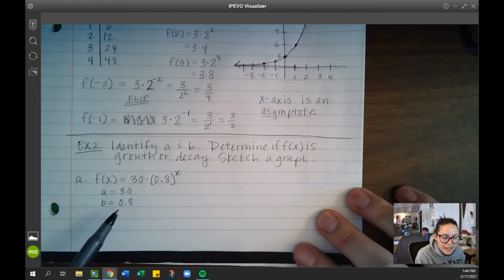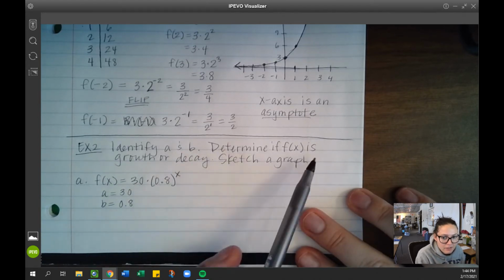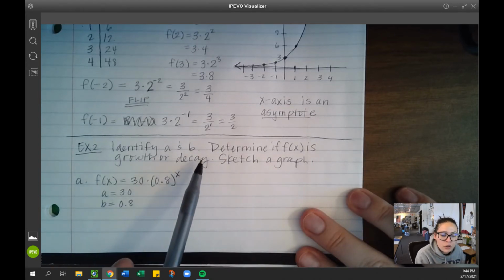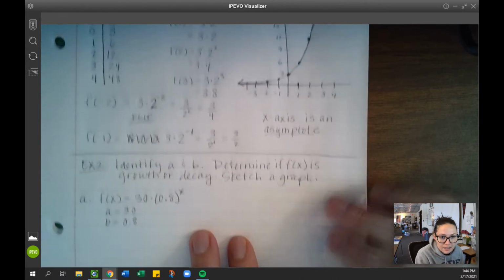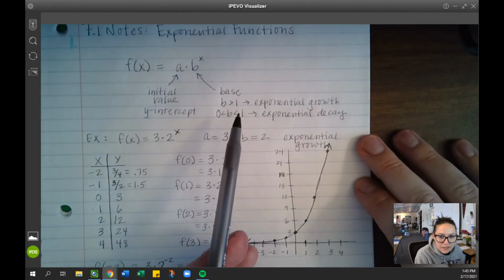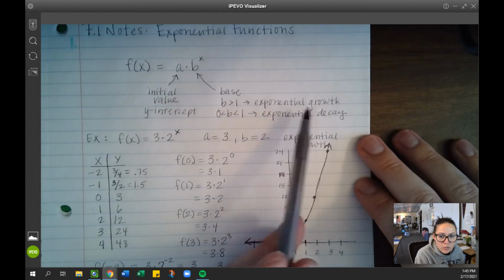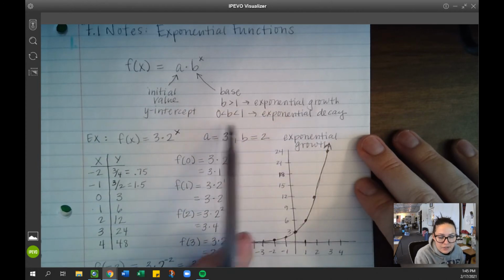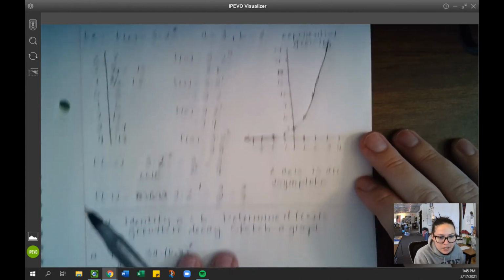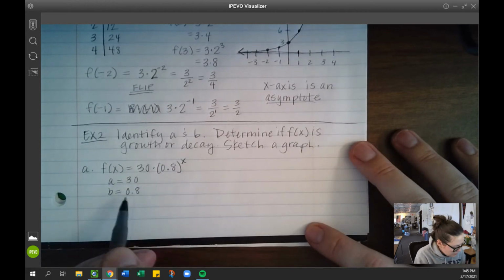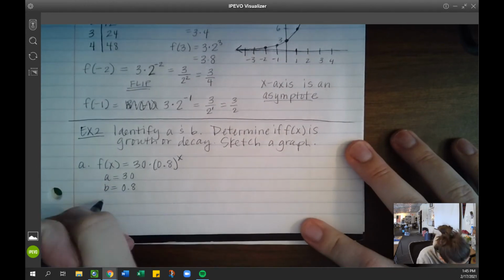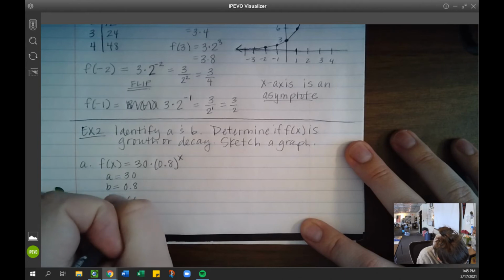So based on that, we should be able to determine if f of x is exponential growth or exponential decay. And it's right here. If our base is greater than 1, it's exponential growth. And if it's between 0 and 1, it's exponential decay. Since B is 0.8, this is going to be decay.